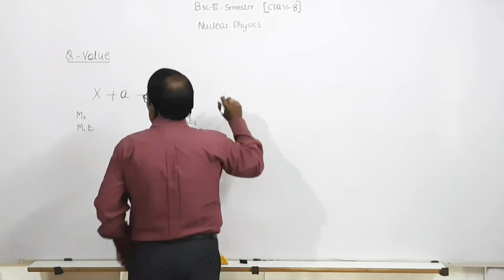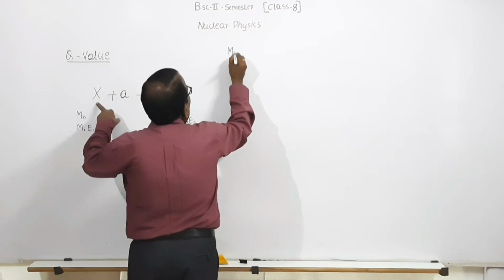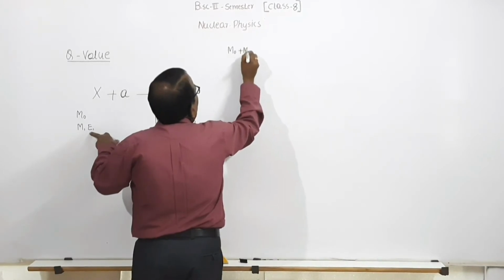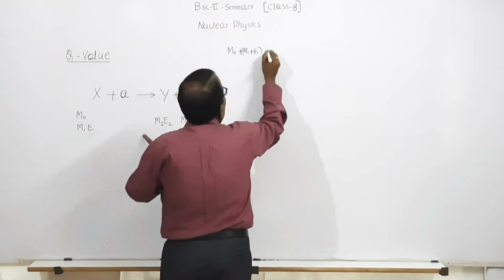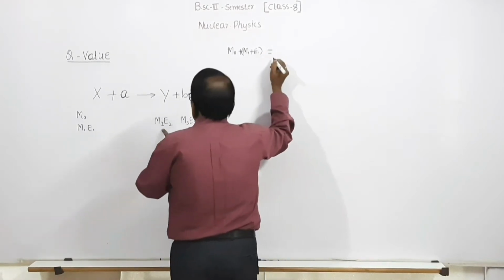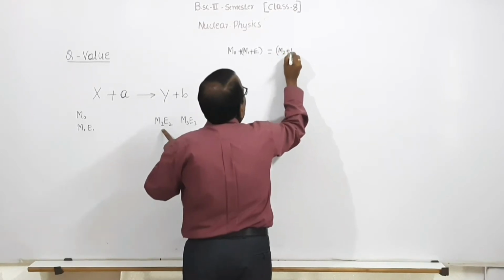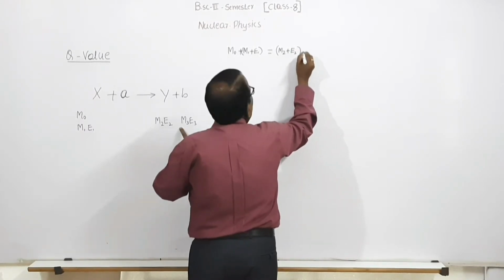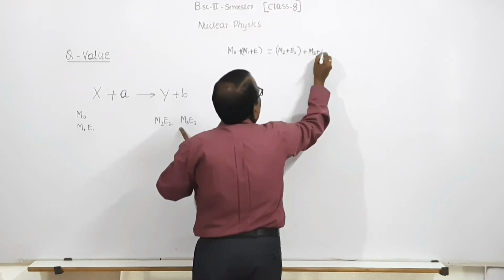So here the mass is m0 plus m1 plus E1. This is the reactant, and it should be equal to the product, which is m2 plus E2 plus m3 plus E3.